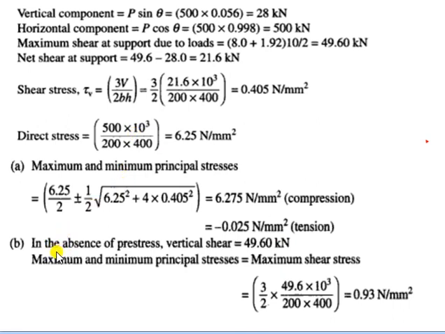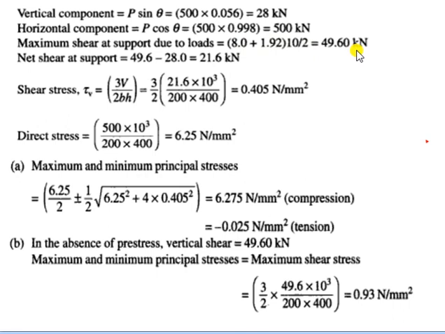So in the absence of pre-stress, the maximum shear force at the support due to live load and dead load is WL by 2, where W is the live load plus dead load, 8, into L by 2. WL by 2 is 49.6 kilonewton.